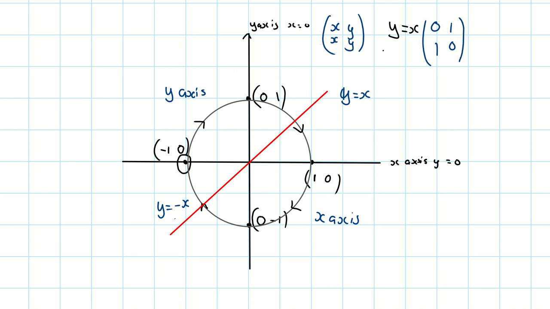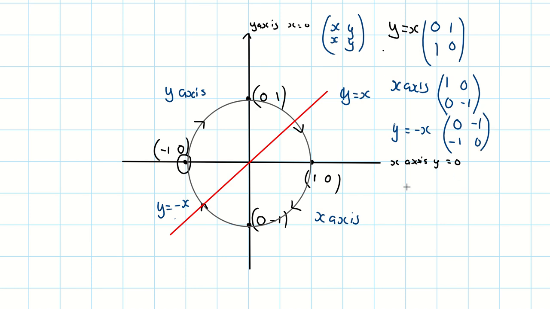Then for your x-axis, we're going from here to this location, so your x first, which is 1, 0, 0, minus 1. For y equals negative x, we're going from here to here. We have your x values first, which is 0, negative 1, and then negative 1, 0.